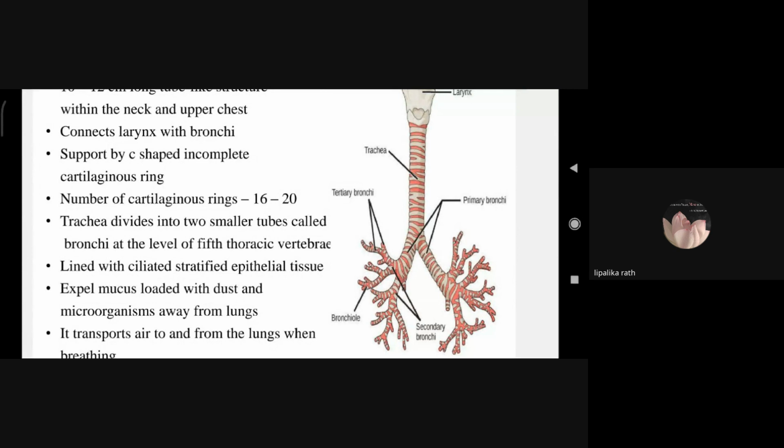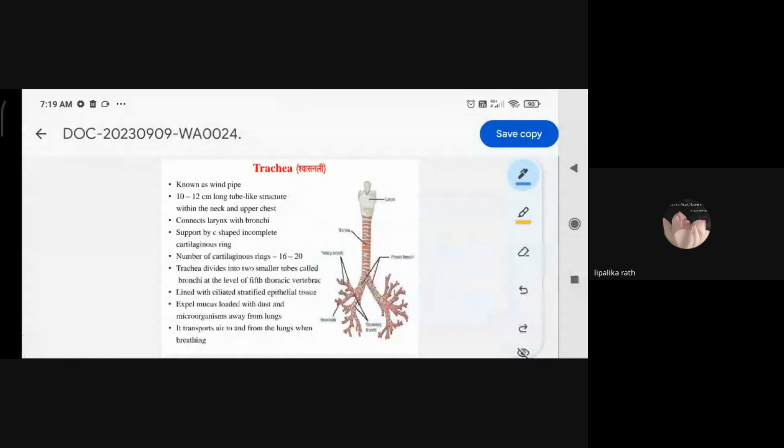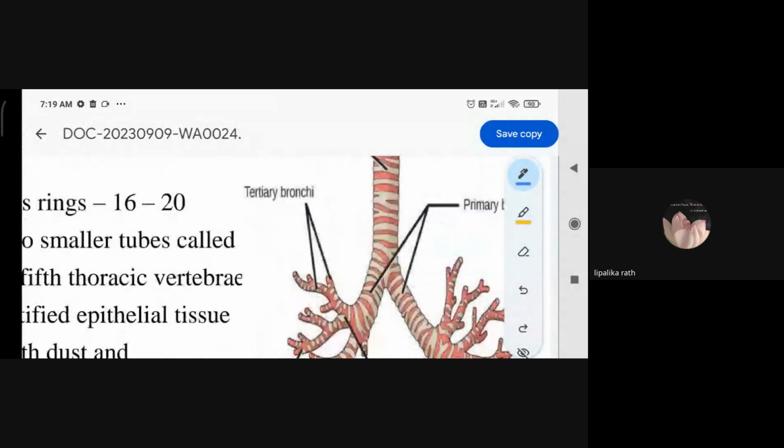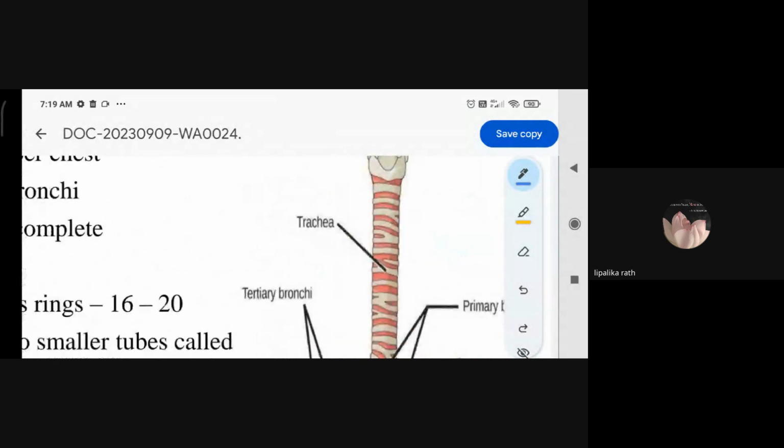Okay, so let me take the pencil. Here you can see throughout the trachea, these, these, these, these all are cartilages.